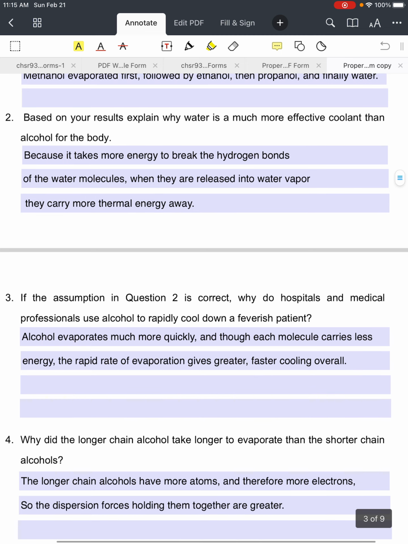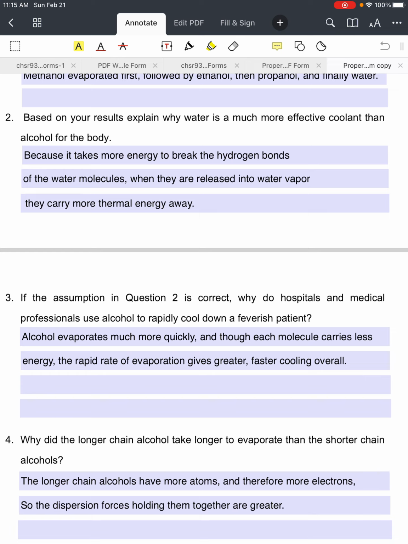Why did the longer chain alcohol take longer to evaporate than the shorter chain alcohols? Well, I've already said this. Methanol has 1, ethanol has 2, and propanol has 3 carbons. It's 3 carbons long. And we learned about dispersion forces, and we said the thing that determines how strong they are is the number of electrons interacting.